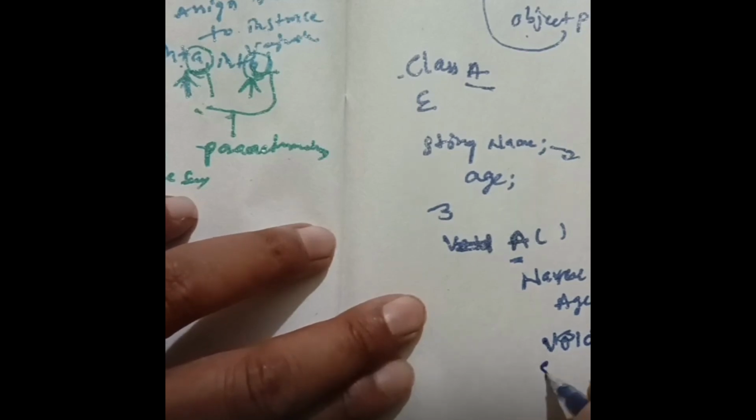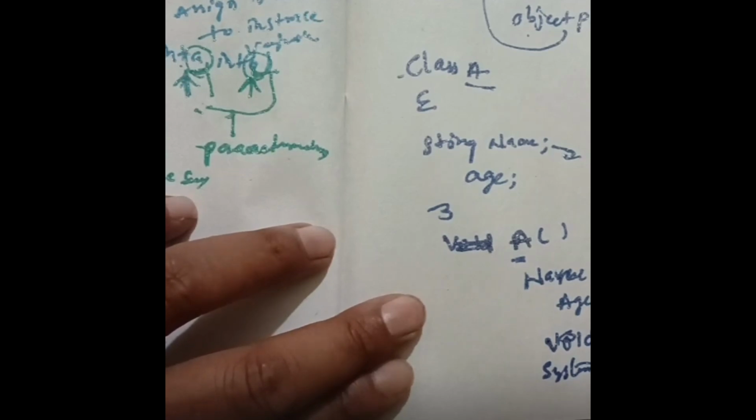Now System.out.println, to show the name: "Hello, I am " plus name.